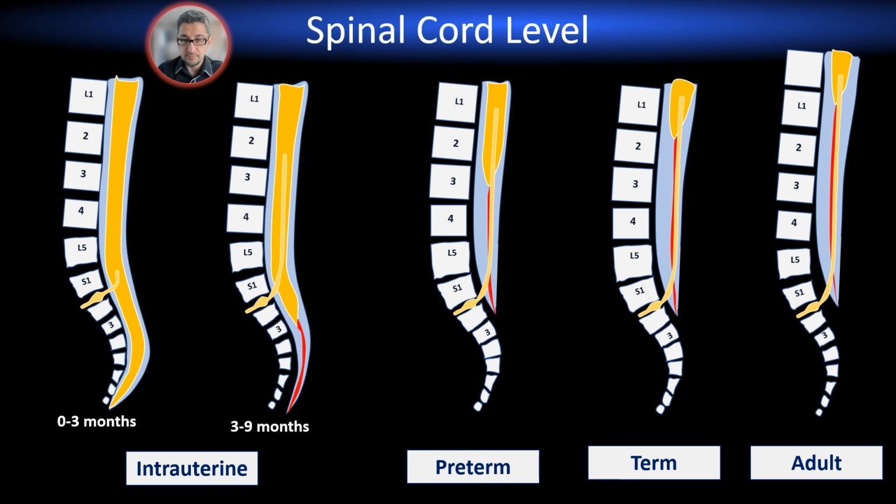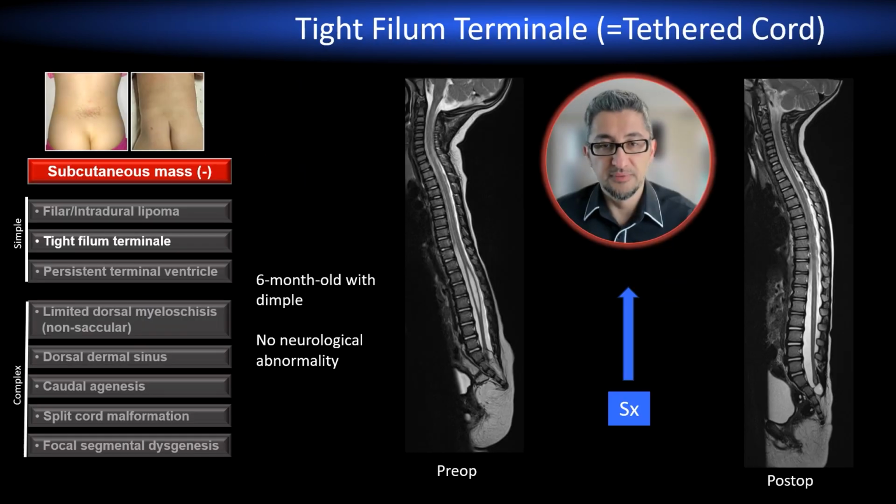Patients with tight filum terminale can be completely asymptomatic, or they may present with neurological symptoms or signs. I will give you 3 examples for surgical treatment. In this child, 6-month-old with dimple, had the MRI and tethered cord or tight filum terminale is confirmed.